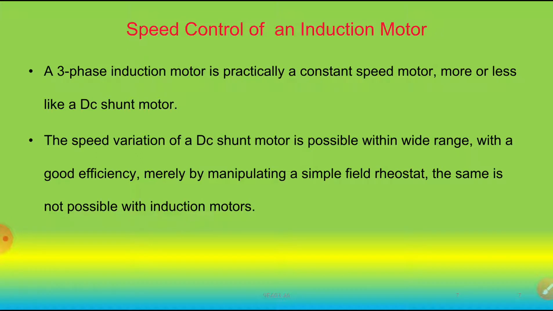The speed variation of a DC shunt motor is possible within a wide range with good efficiency merely by manipulating a simple field rheostat. The same is not possible with induction motors. So the methods applied in DC motors are not applicable in three-phase induction motors.